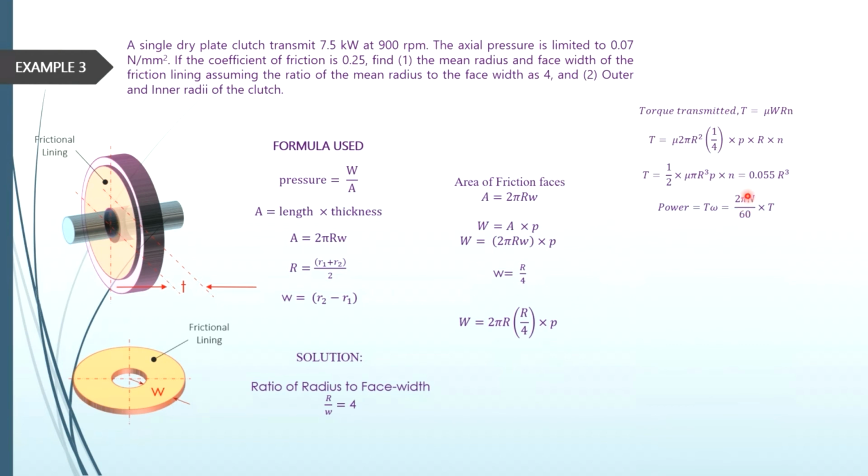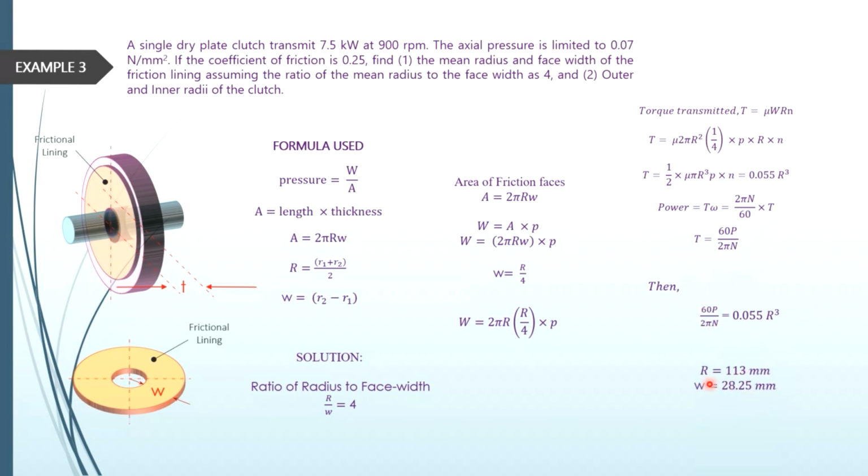Since power equals 2 pi n over 60 times torque, for the subject, that is the torque, substitute power and speed. The torque, which equals 0.055 r cubed, equals 60P over 2 pi n.